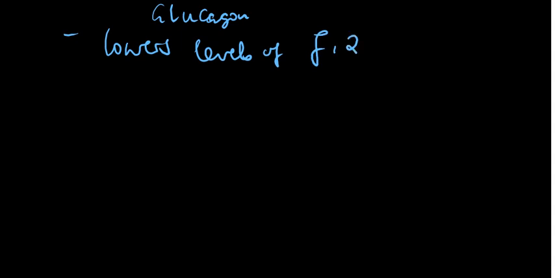So what you notice is that glucagon, number one, lowers the levels of fructose 2,6 bisphosphate.